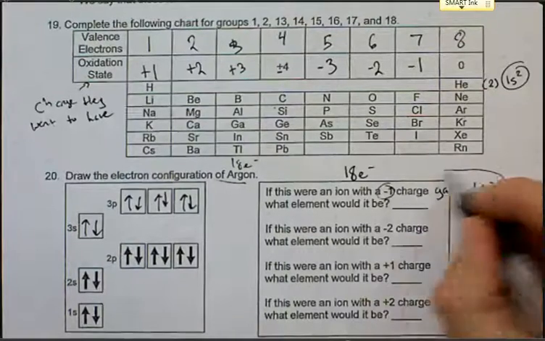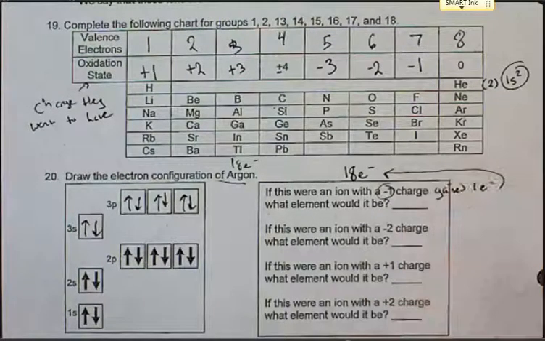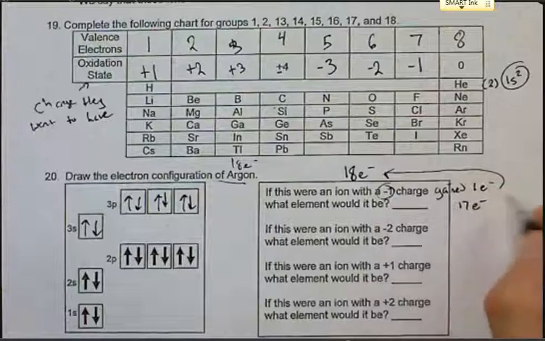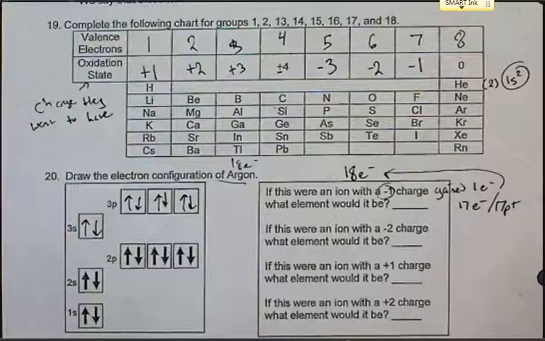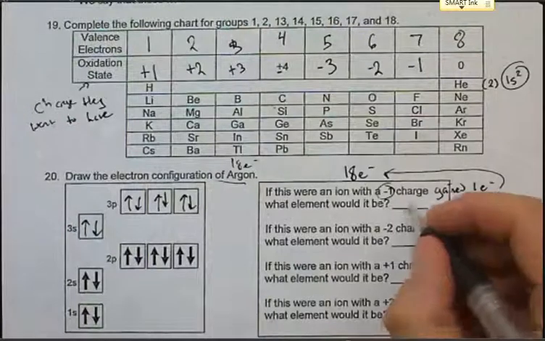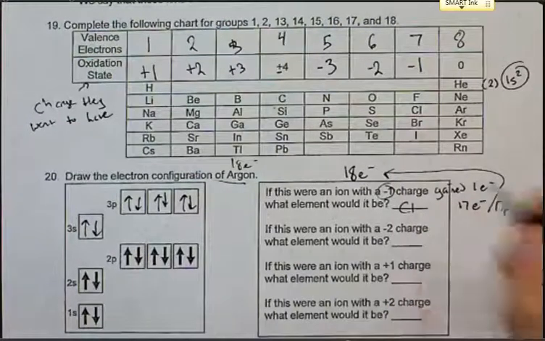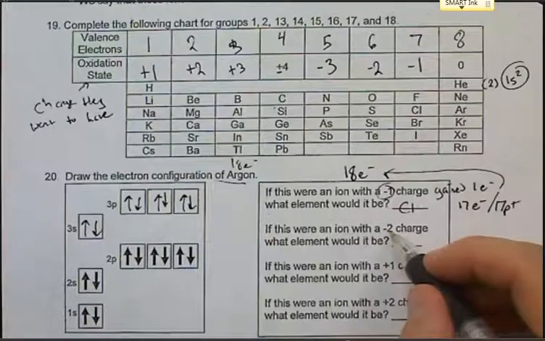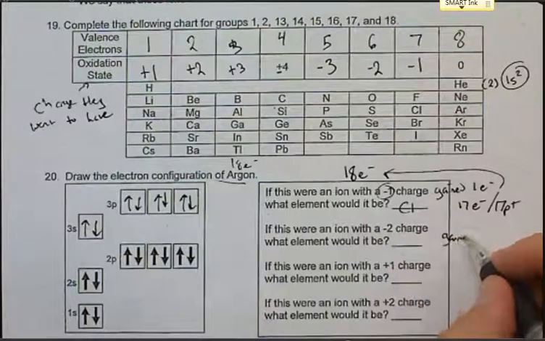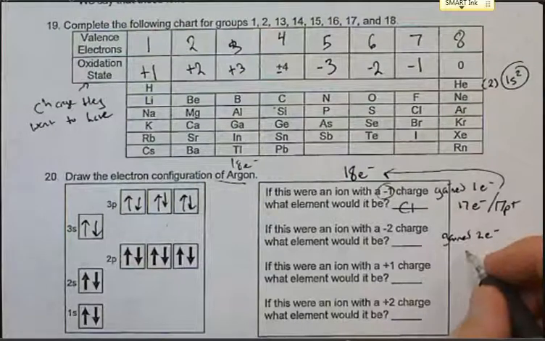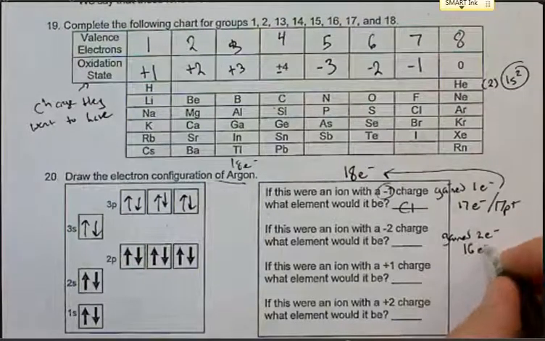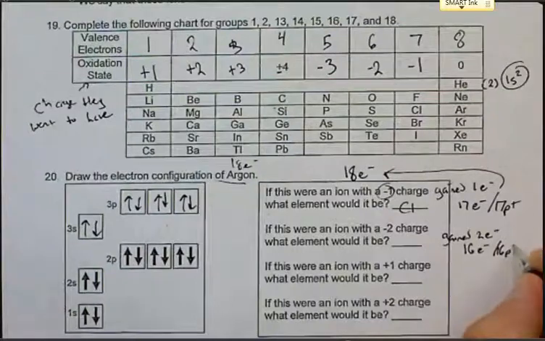To get to 18 means it must have started with 17 electrons, which means it must have started with 17 protons. With 17 protons, that must mean it's chlorine. If it's got a -2 charge, that means it's already gained 2 electrons to get to 18. If it gained 2 and is now at 18, it started with 16 electrons, or 16 protons, which is sulfur.